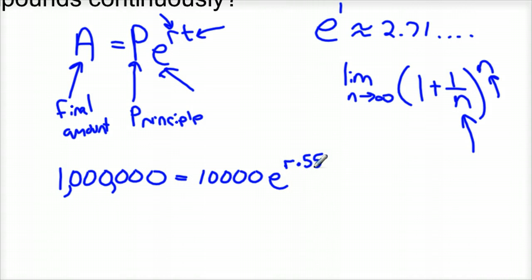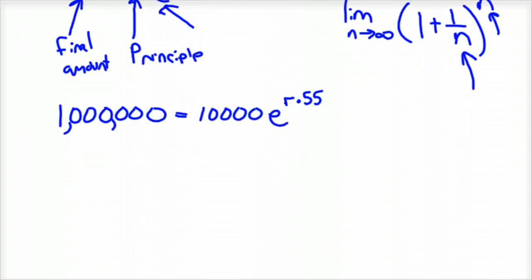So 55R if you wanted to rearrange that. And so again, we could use guess and check, but let's use these powerful math tools that we have. Anytime you have a variable in the exponent that we have to solve for, we're going to have to use a logarithm. And so let's use the natural logarithm, since this is the Euler number and they're inverses to each other.